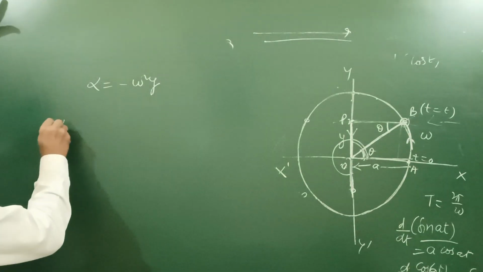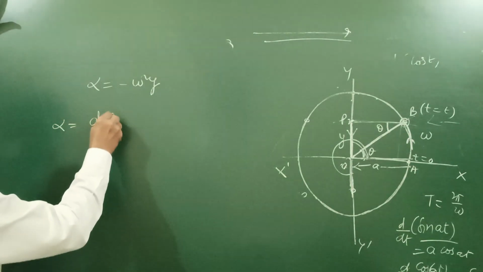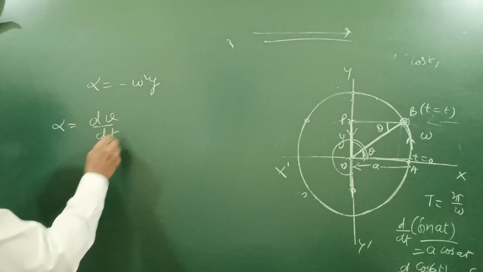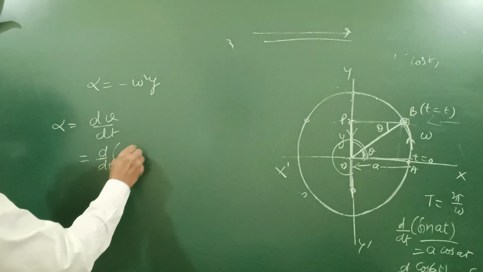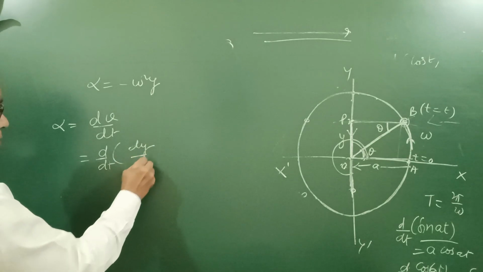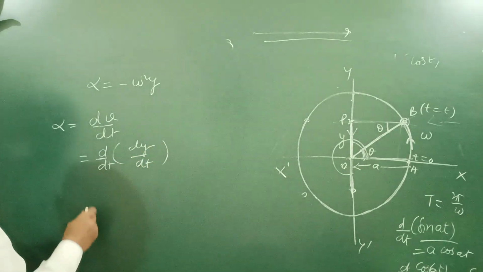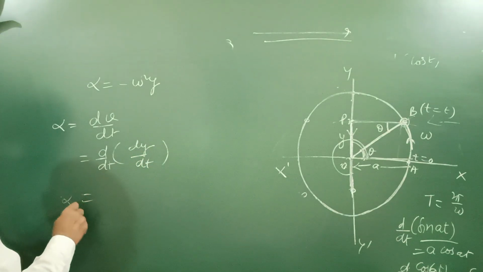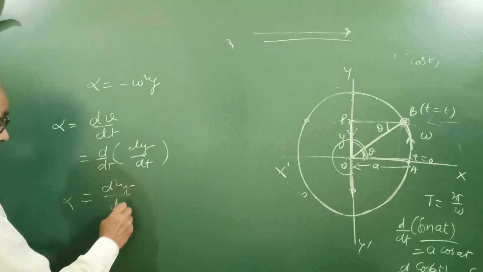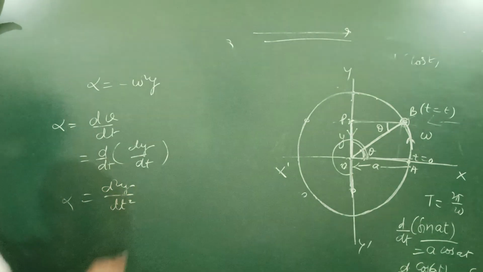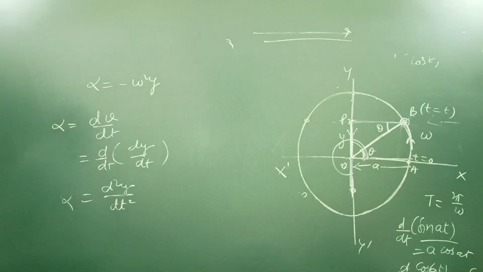You know alpha is dv over dt, the change of velocity per unit time, and velocity is dy over dt. So you can write it as alpha equal to d2y over dt square. I have explained this notation of acceleration 2 or 3 times in our equations.